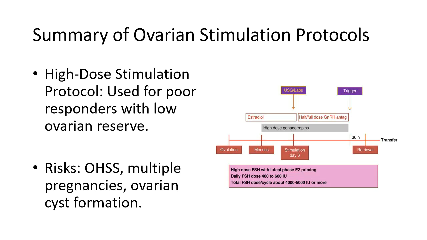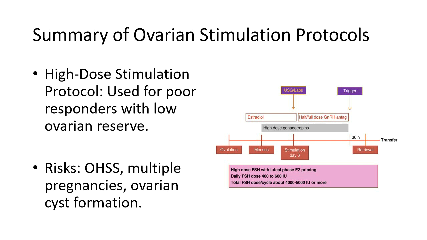Lower egg retrieval, lower pregnancy rate. High dose stimulation: high doses of FSH and/or HMG. Poor responders, low ovarian reserve. Higher egg retrieval, higher OHSS risk.